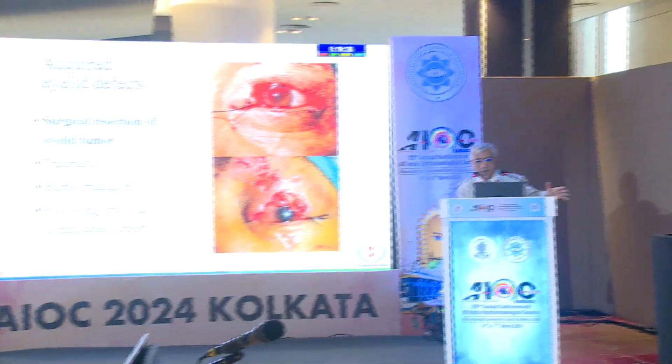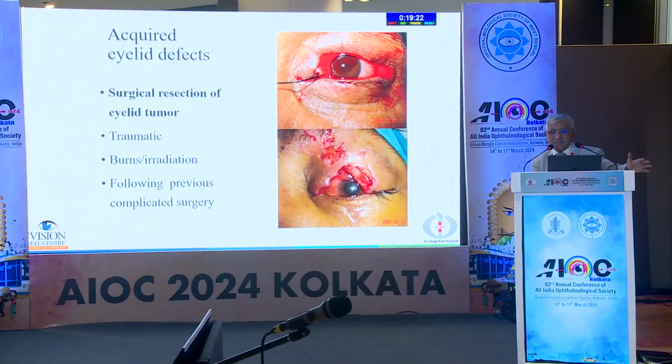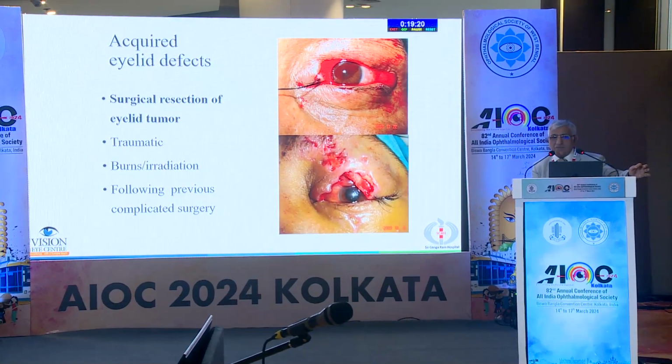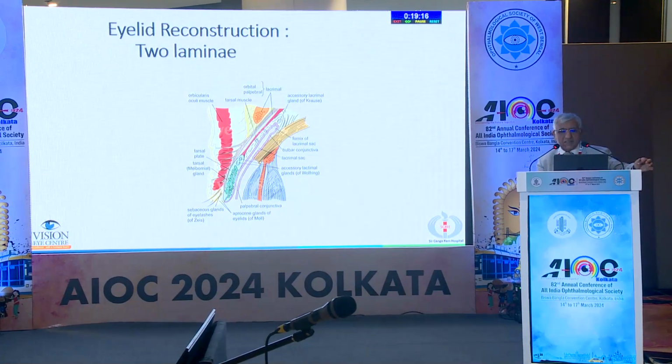So the acquired eyelid defects are most commonly because of the surgical resection of eyelid tumors, but we also see them following trauma or following previous complicated surgeries. We used to see them often after multiple entropion corrections early.